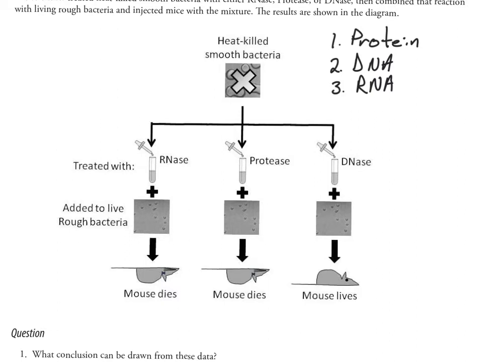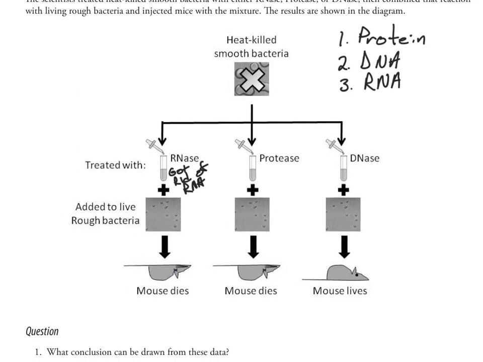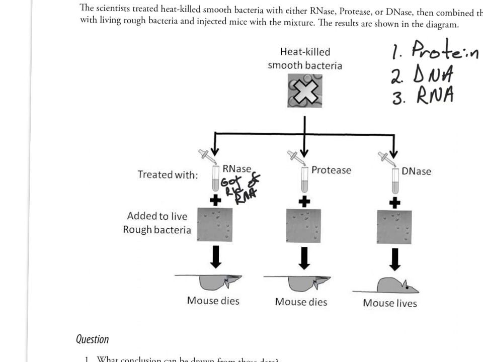Well, that made sure you got rid of RNA. So the question then becomes, if you got rid of all the RNA and the mouse dies, as you can see it did here, if there's no RNA in here and you mix this heat-killed smooth bacteria with the rough bacteria and the mouse still died, then it wasn't the RNA.